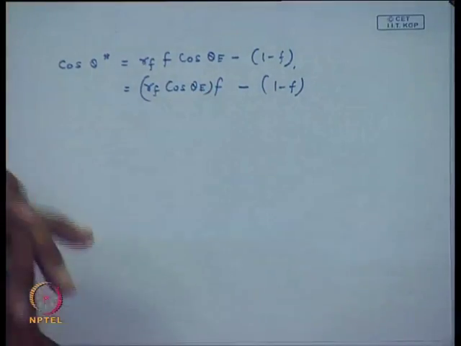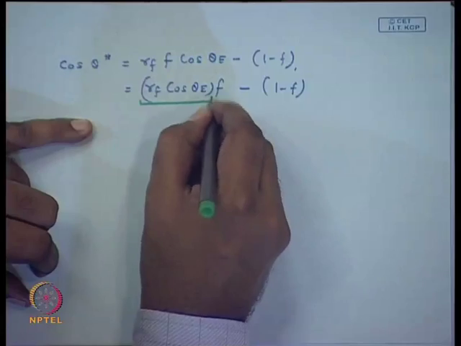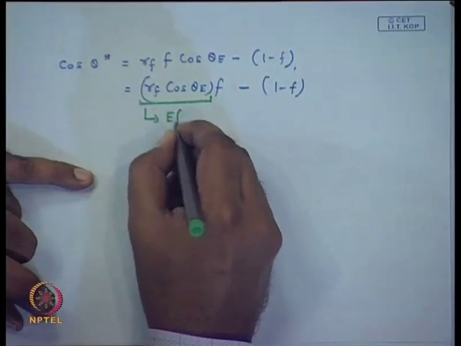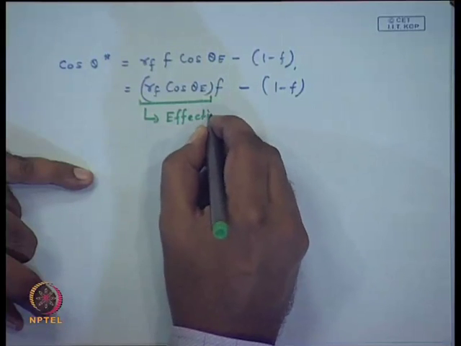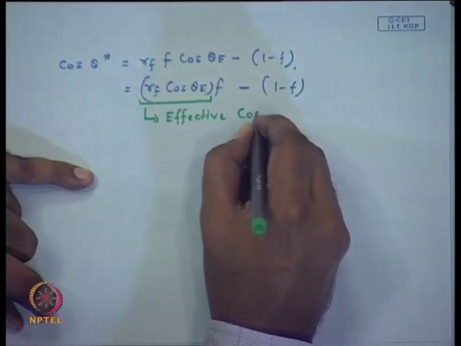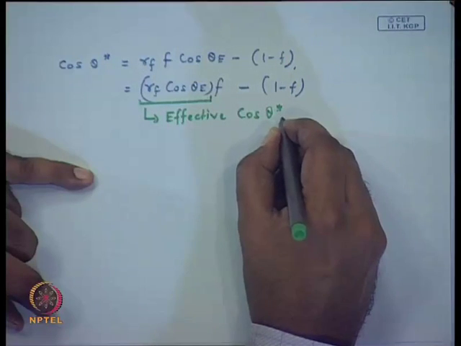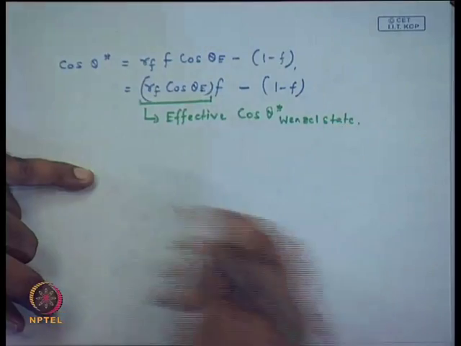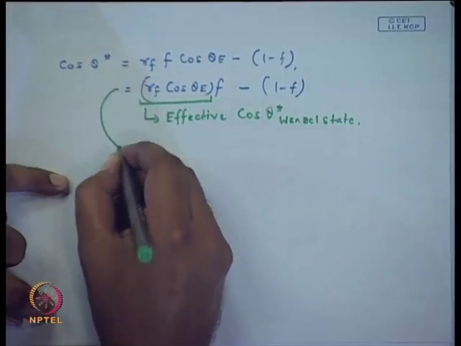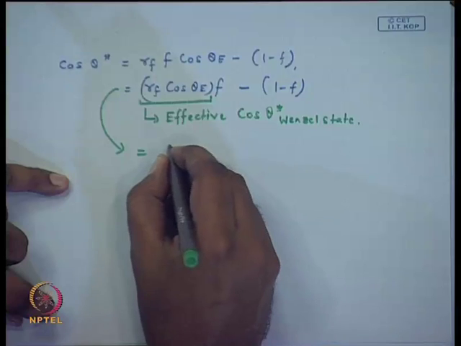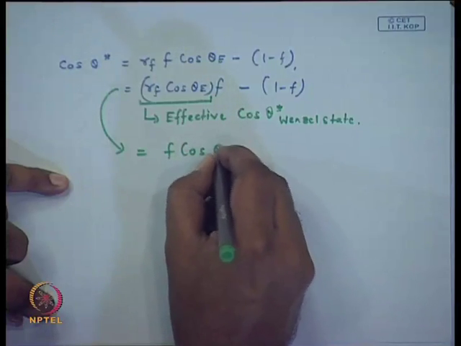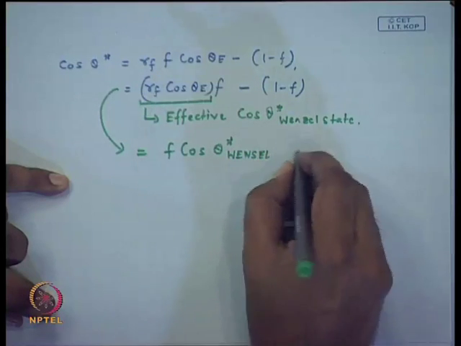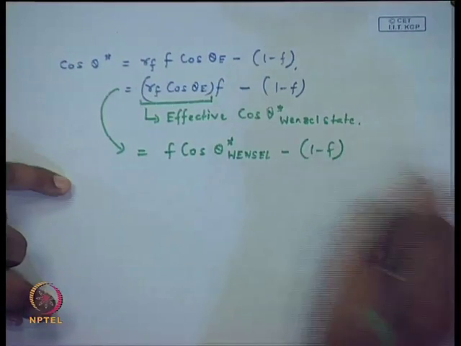You can look at this term to be the effective contact angle you obtain from the Wenzel state. So, one can write this equation in a rather neat form: it is f cos theta star Wenzel minus 1 minus f.